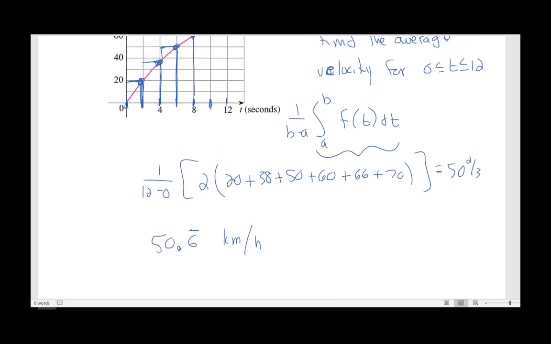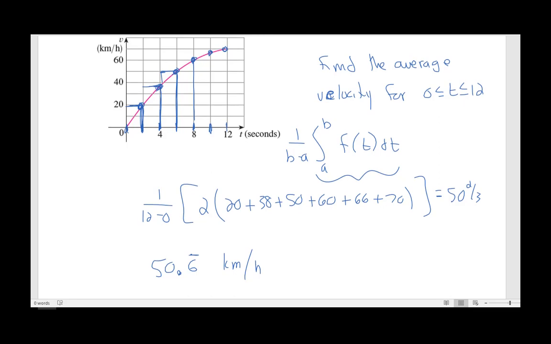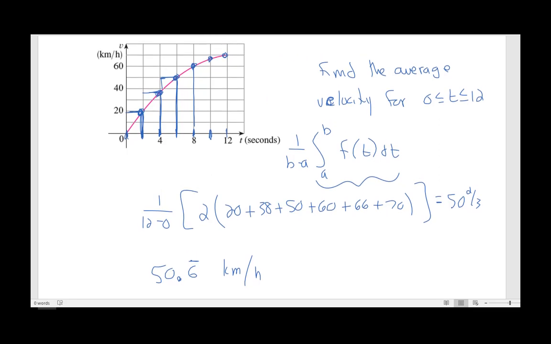And just to point out to you here, you could use a couple different approaches. What we could have done is, let's say, used midpoints. So let me grab my eraser and erase all of my sketching on here. What we could have done, again, is used midpoints. So we could have done a delta x of 4 and then used the midpoint of that interval to find the height of that rectangle.